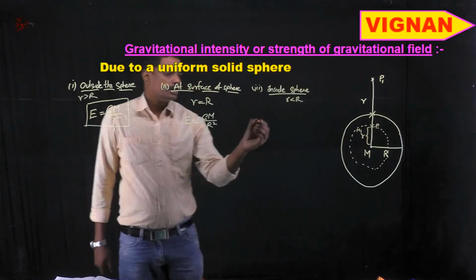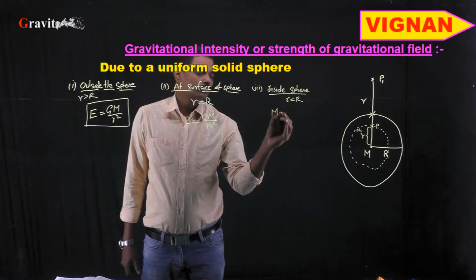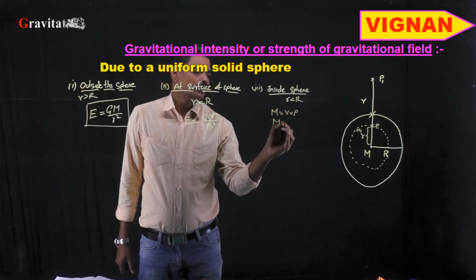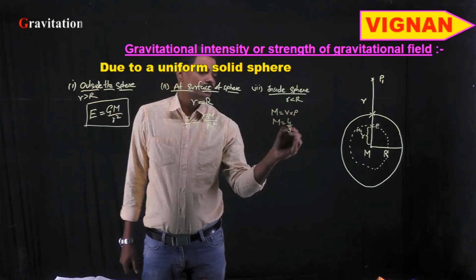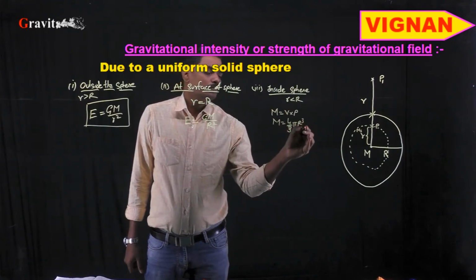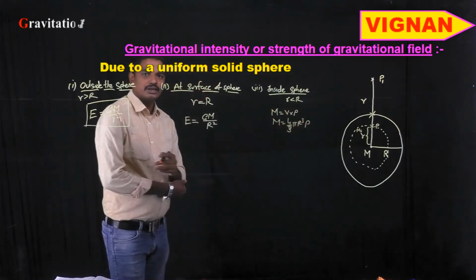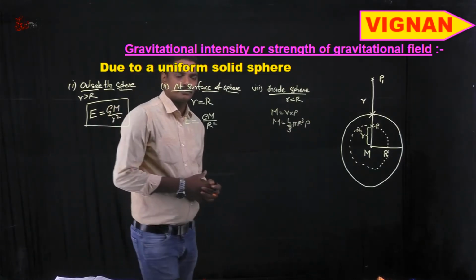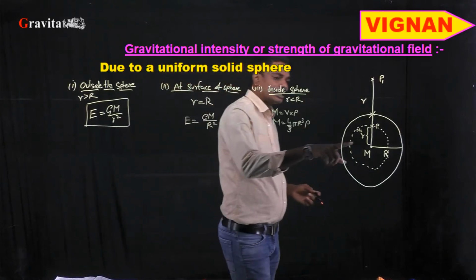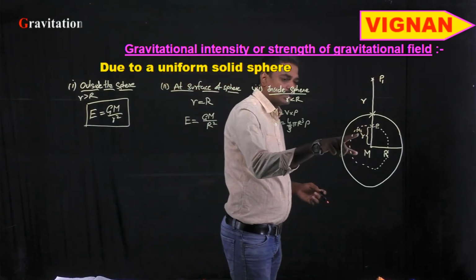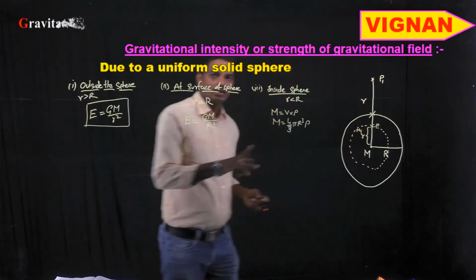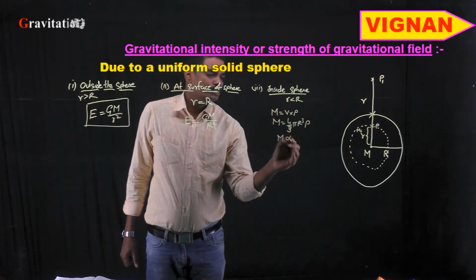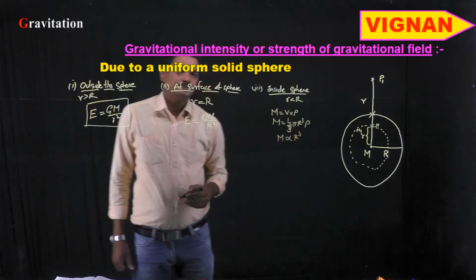We know that mass is equal to volume into density rho. So the mass is equal to the volume of the sphere, which is 4 by 3 pi r cube, into rho. So now we need to consider only the mass of the sphere whose radius is small r. Here, as the density is constant, we know that mass m is directly proportional to r cube.